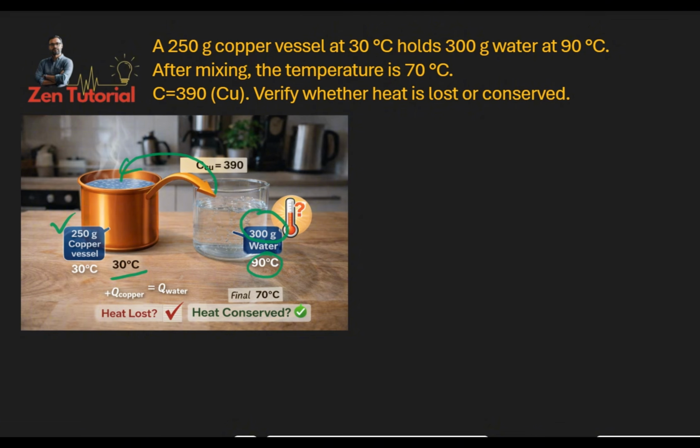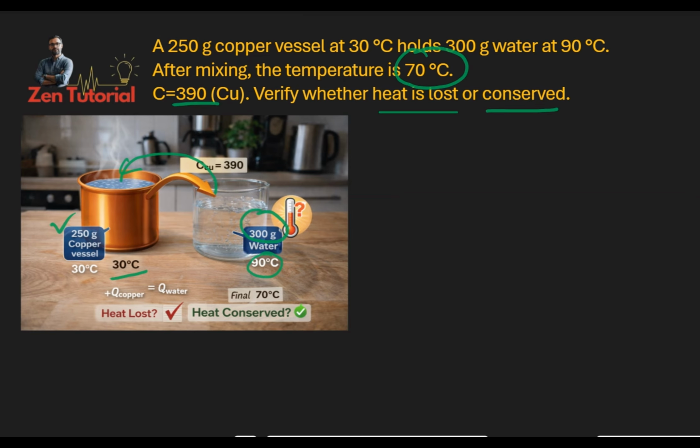Now the mixing temperature, let's say, is 70 degrees Celsius, and the specific heat of copper is 390 joule per kg per Kelvin. Verify whether heat is lost or conserved, that we have to verify.